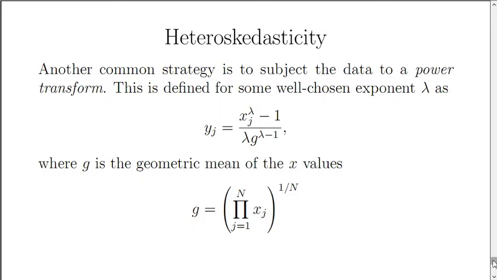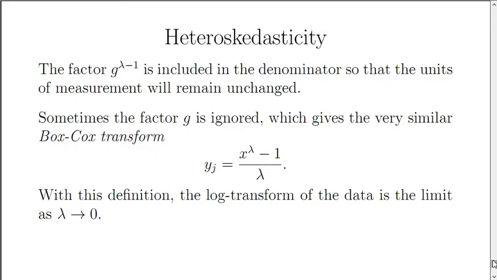Now, the reason that all that extra stuff is done after raising the original data to some exponent lambda is that we want the units of measurement to remain unchanged. If we're working in sunspot counts, we wouldn't want to work in squared sunspot counts or square root counts, but in just counts. Sometimes that's important, but usually it's not really that critical.